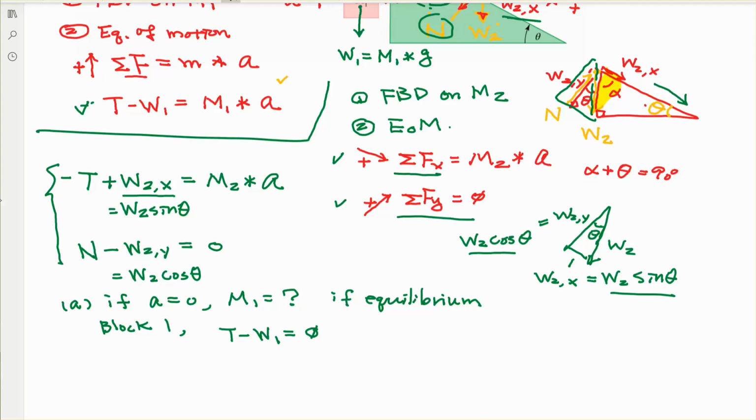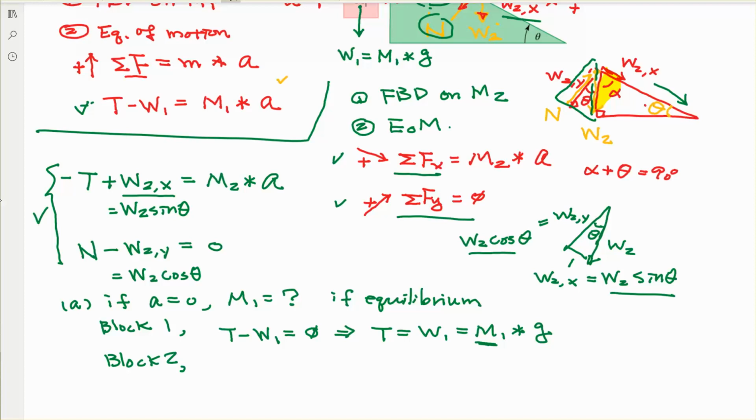Now, do I know W1? No, that's the thing I am trying to find out. T will be equal to W1, which is equal to M1 times G, and I am trying to find this. And let's look at block 2. For block 2, you have these two equations.